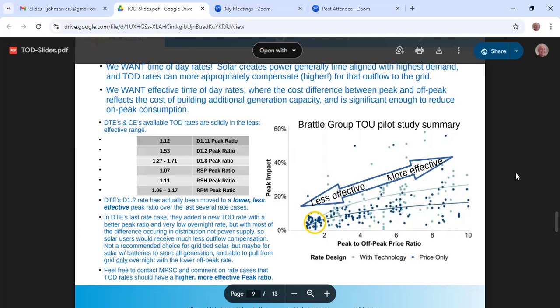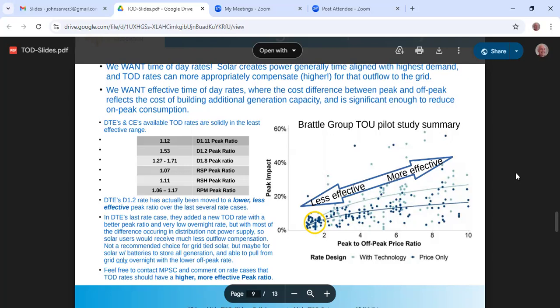DTE's rates and Consumers Energy, I always pick on DTE because that's my utility, but both of them have rates that have not a very big difference between peak and off-peak. And that is the least effective that they can have. And the utilities would choose that because they don't want anybody to reduce their consumption, because they want to still build more capacity because they make money that way.